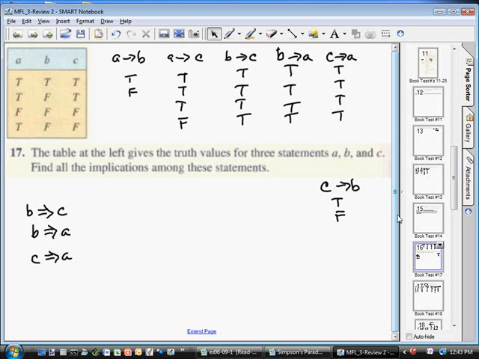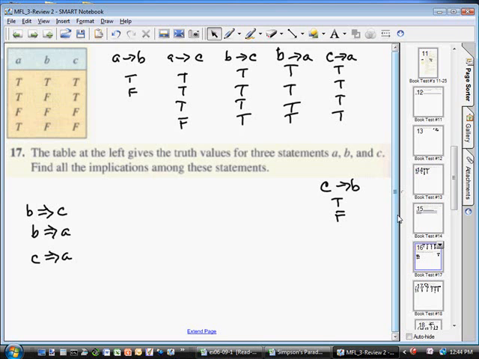Like this, with an equal sign with an arrow. So this says B implies C. Now, in this particular example, why did I say B implies C? Let's do this problem.